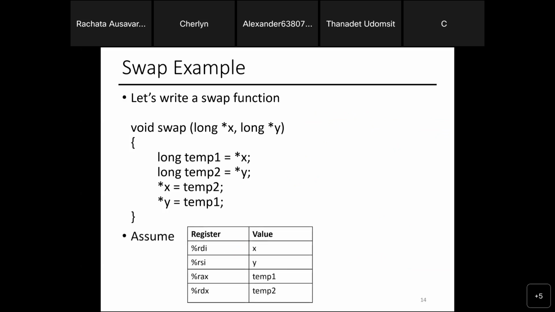The assumption is that before the function call happens, the value of x is in RDI, the value of y is in RSI, the value of temp1 is in RAX, and the value of temp2 is in RDX. Hint, use movq. The whole thing can be translated to one movq instruction each. All right, let's do a 5 minute break and we'll resume and answer this question.